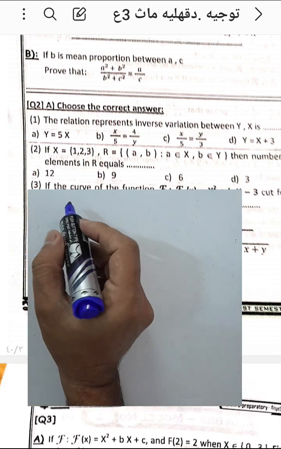Question number 2. If x equal the set of 1, 2 and 3, and our relation R equal the set of (a, b), such that a belonging to x and b belonging to y, then the number of elements in R equal blank.